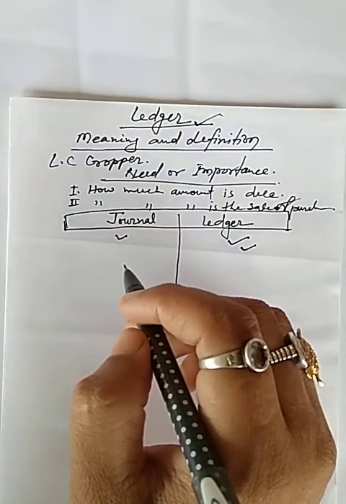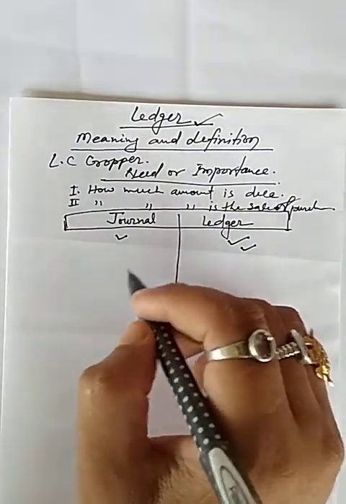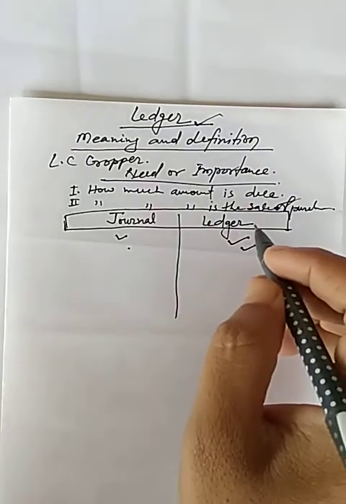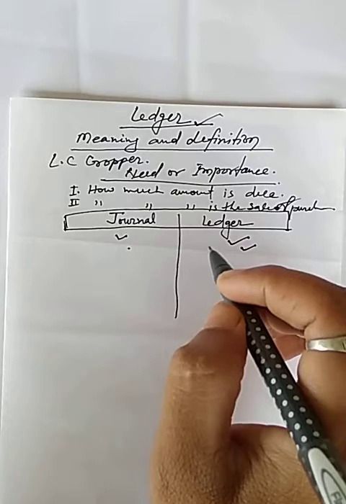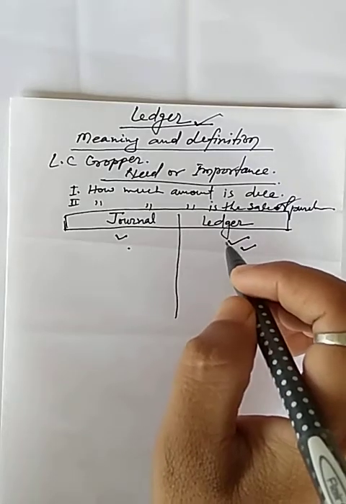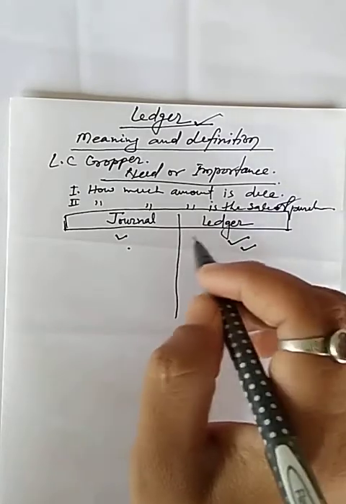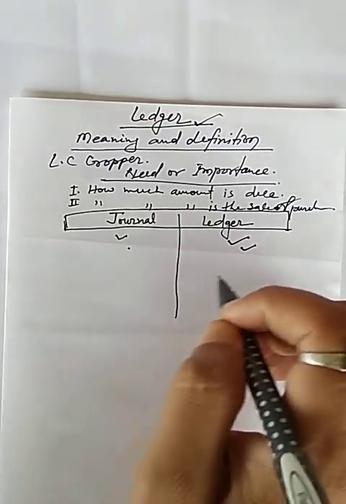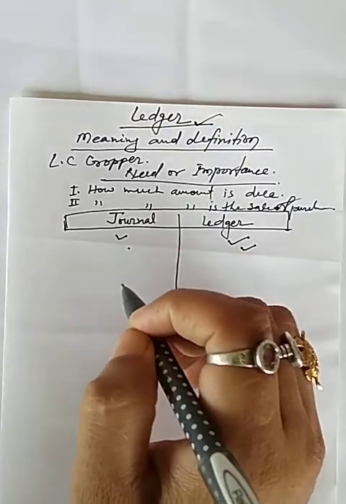Accuracy of journal cannot be tested, but accuracy of the ledger account is tested by preparing a trial balance. Now, these are the differences between journal and ledger.